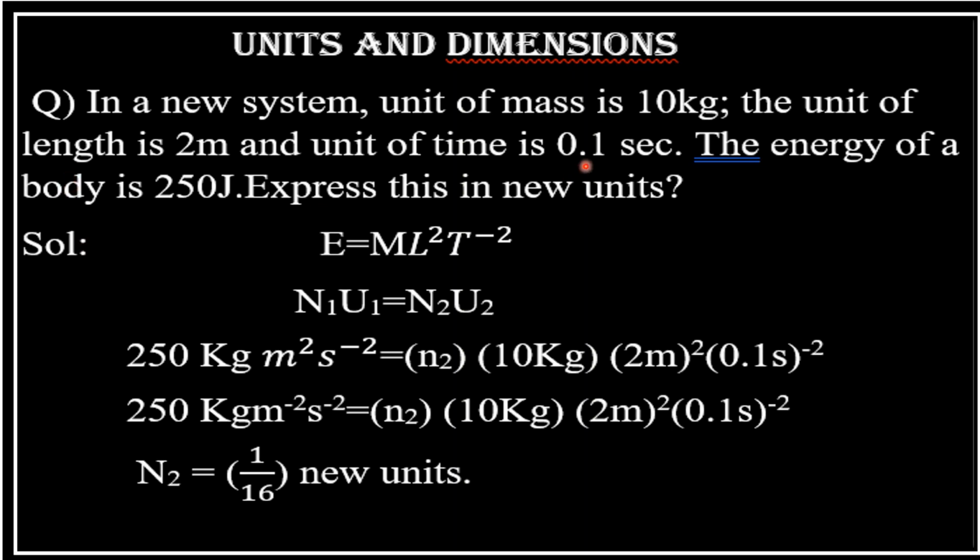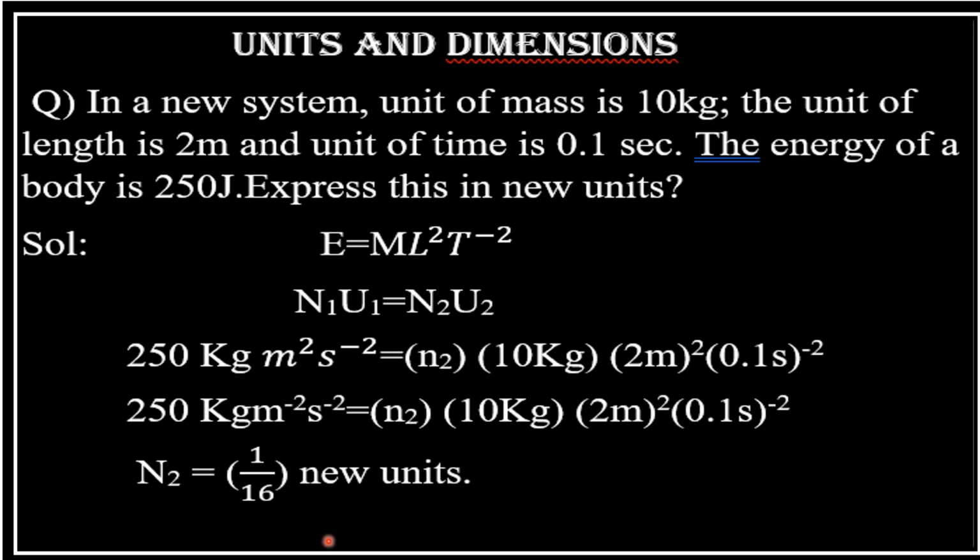Here the unit of mass is 10 kg in one system, the unit of length is 2 meters, and the unit of time is 0.1 second in the first system, these three quantities. And the energy is 250 joules. We should represent this in new units, meaning we should represent this whole in another system.